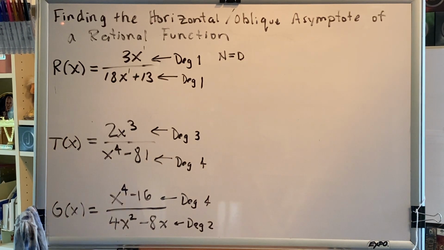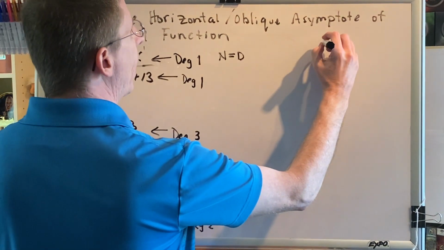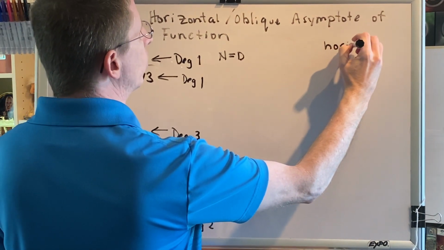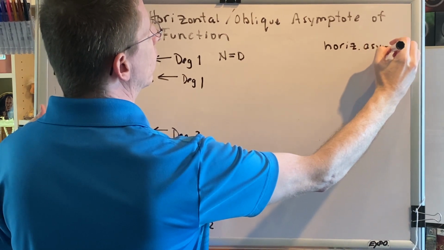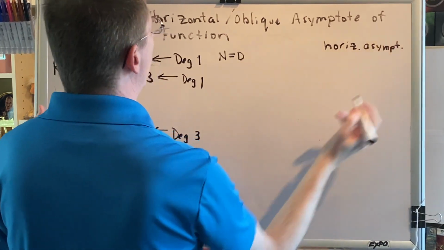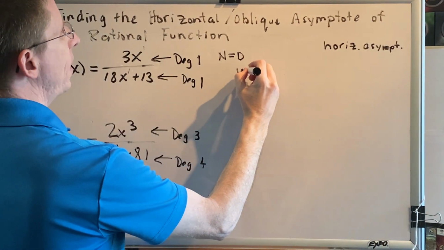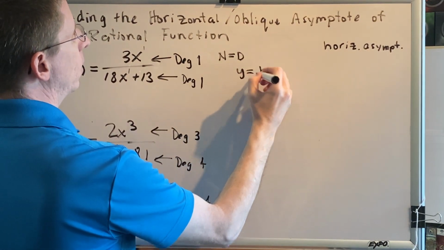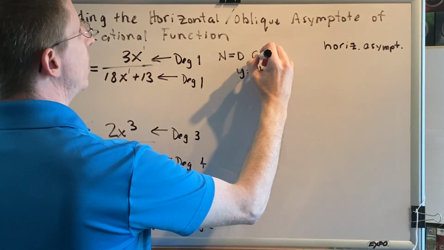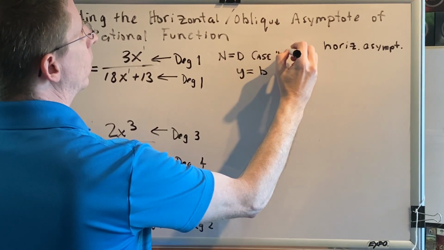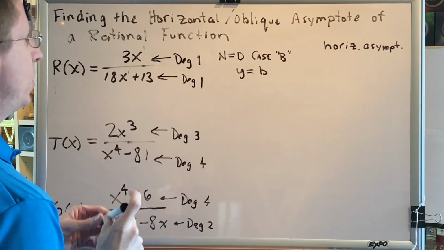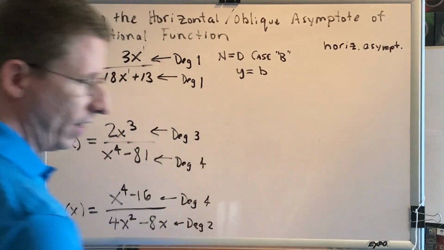All right, let's document this. So we know we're going to get a horizontal asymptote. We know that its equation will be y equals b, and we know we're dealing with case B. Case B says that I need to divide.